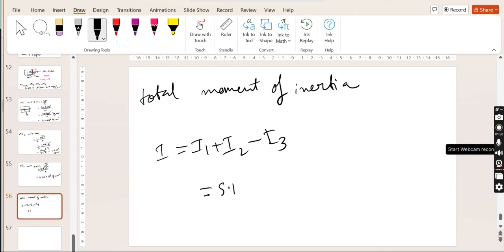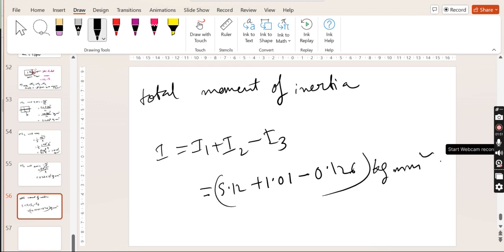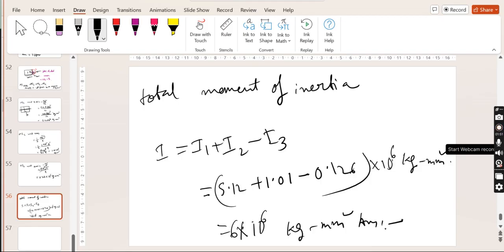That is 5.12 plus 1.01 minus 0.126, into 10 to the power 6 kg millimeter square. This is for today.